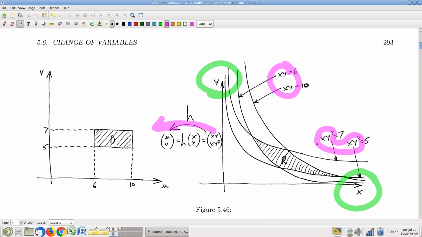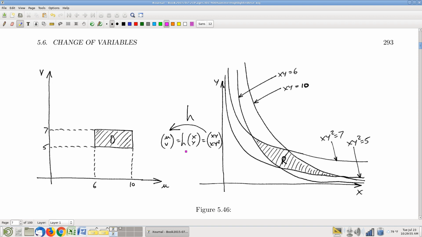Okay. Right, well, if we do that, let's draw what this undesirable domain turns into. What does it turn into over here in the UV plane? Well, if you think about it, if u is xy, then these curves here become u equals 6 and u equals 10.